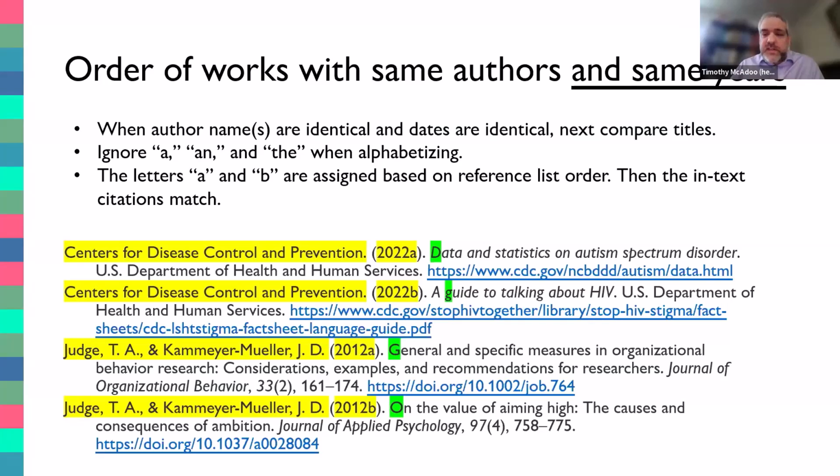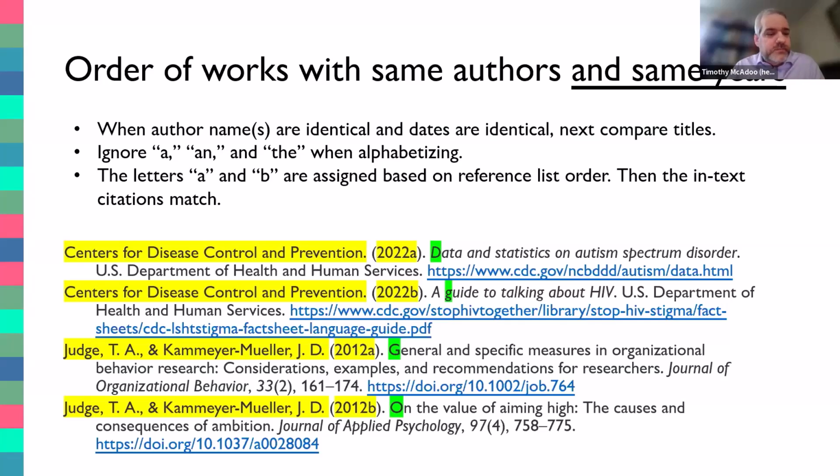And then the second set of references on this slide follows the same process. The author elements are exact matches. The years are exact matches, so you compare the titles, G comes before O, and you assign the letters based on that order.